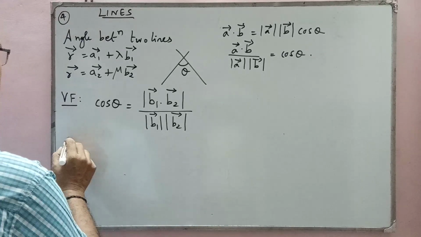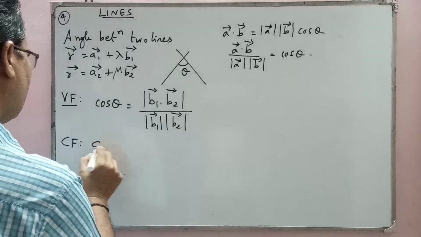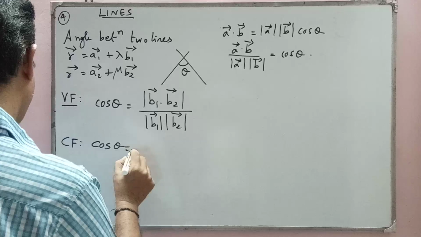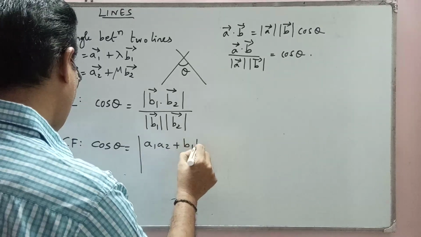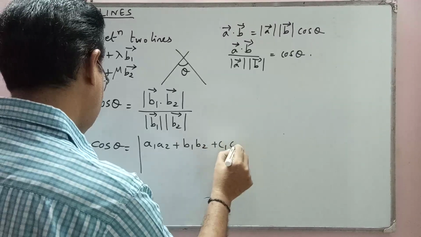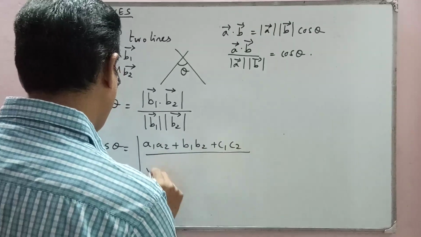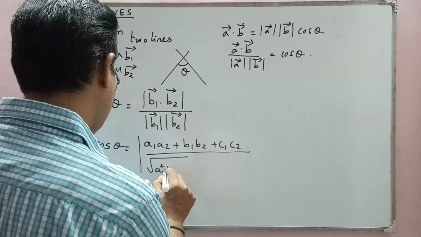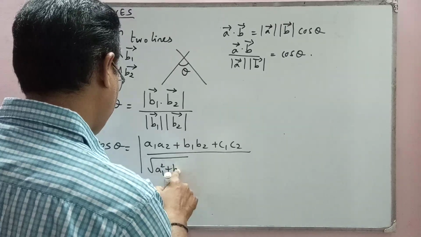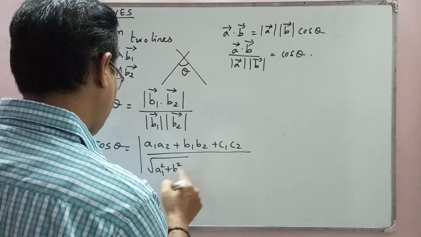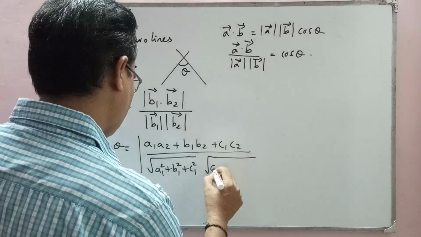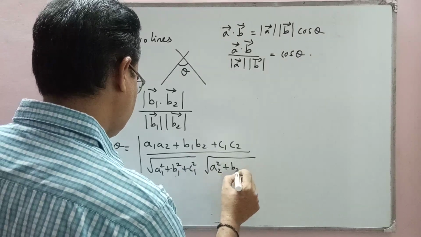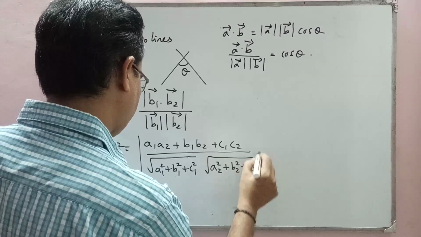Okay, Cartesian form. Cos theta equal to modulus of a1 a2 plus b1 b2 plus c1 c2 divided by root of a1 square plus b1 square plus c1 square into root of a2 square plus b2 square plus c2 square.